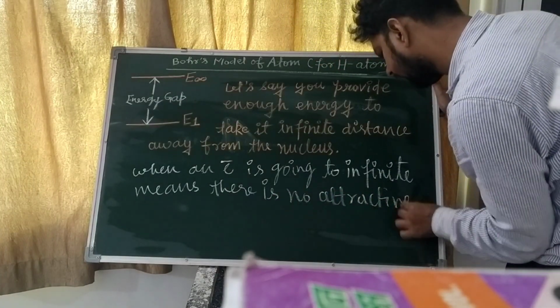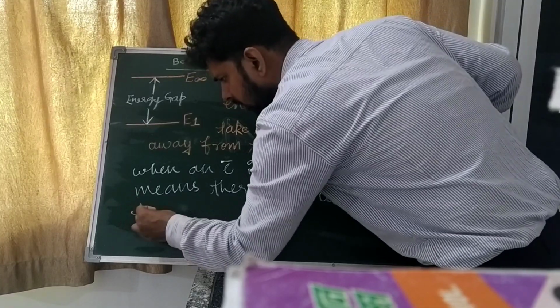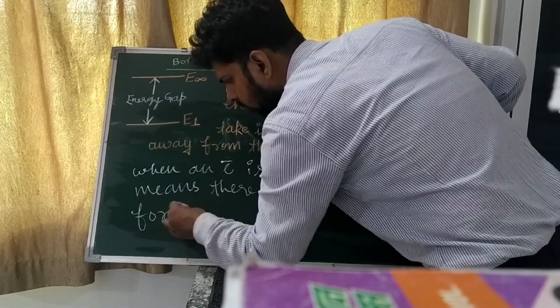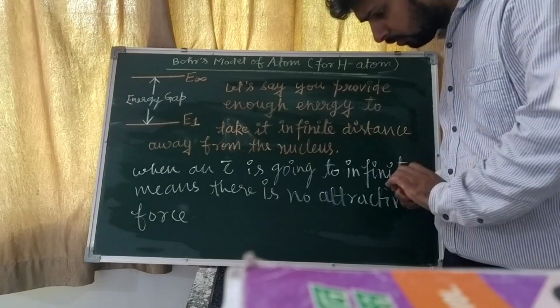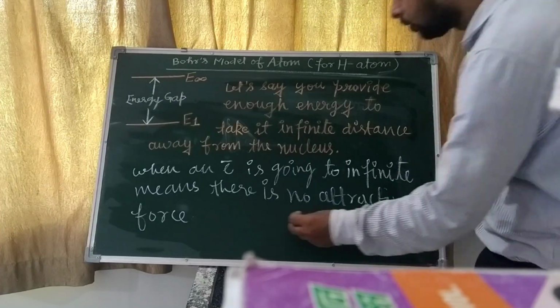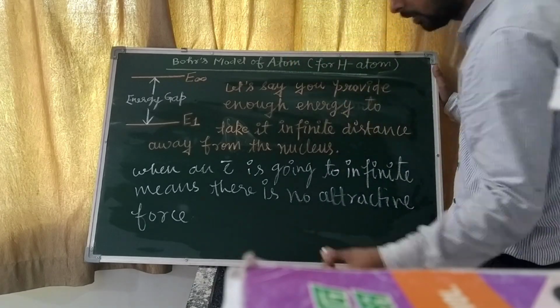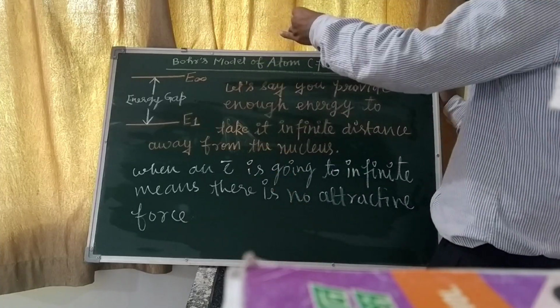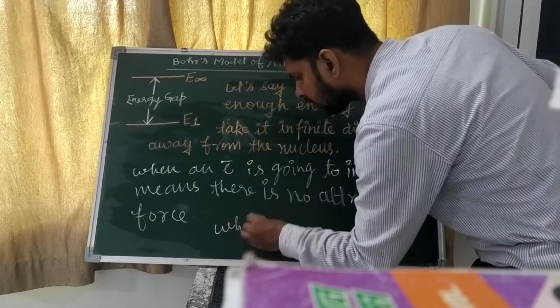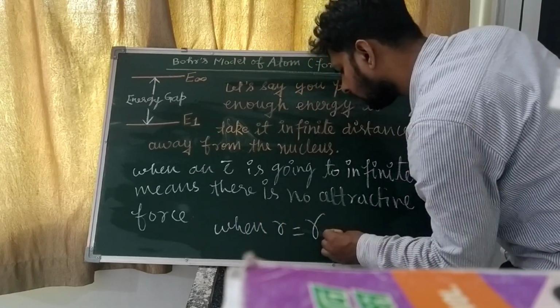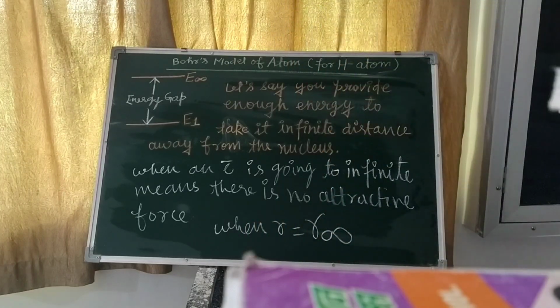There won't be any attractive force at that moment when this electron is going to infinite. There isn't any kind of bond to that nucleus. It is free from that nucleus. It is at infinite distance. It has no attractive force when R is equal to R infinite. When the radius becomes infinite, it will reach infinity.